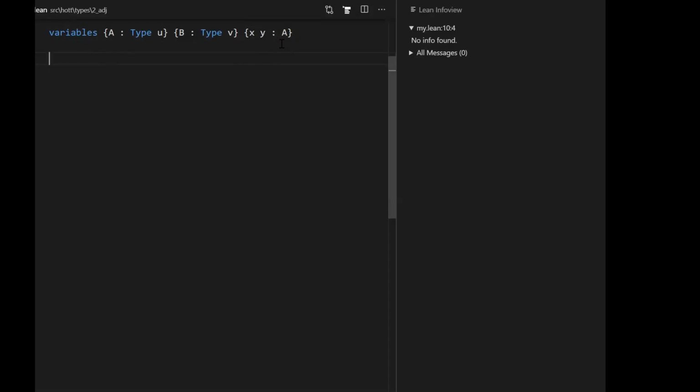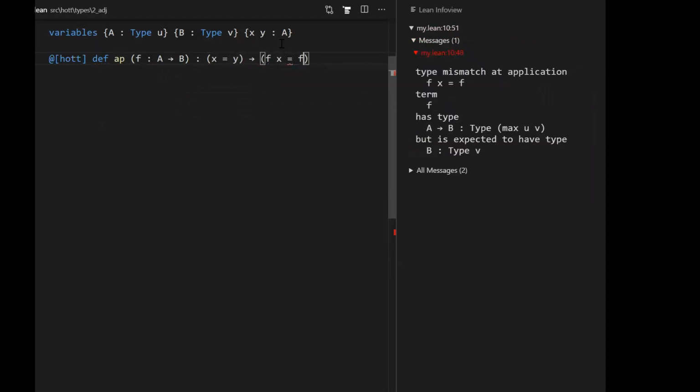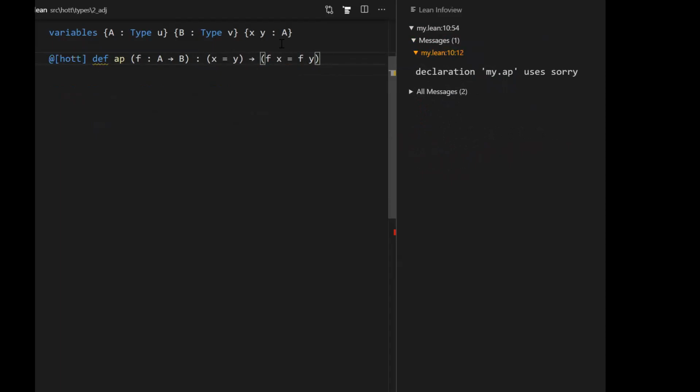So now if I want to define what an ap function looks like, I'm going to say for a function f from A to B, I want to define a function that takes a path from x to y and returns a path from f of x to f of y.